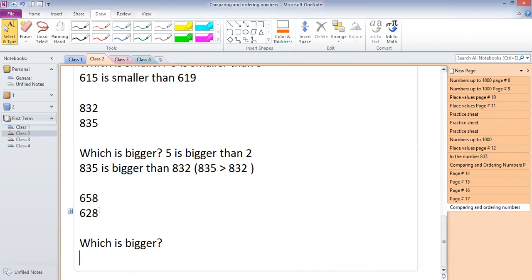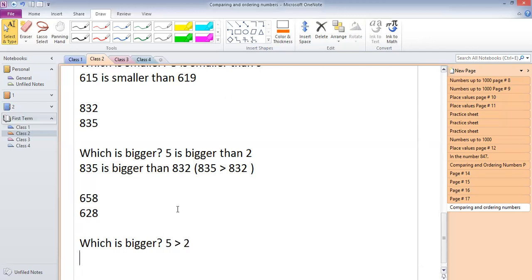All right, guys, I received answers from you. You said 658 is bigger than 628. How do you know? You compare the hundreds first, 6 and 6. Hundreds are same. Then you compare the tens. In the tens, 5 is bigger than 2. 5 is greater than 2.